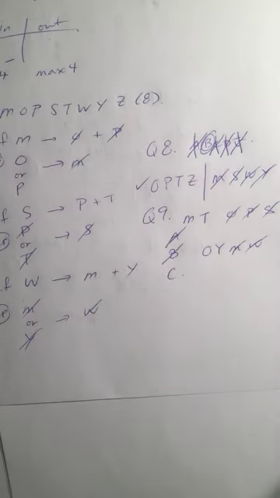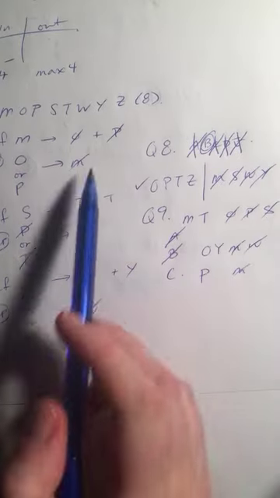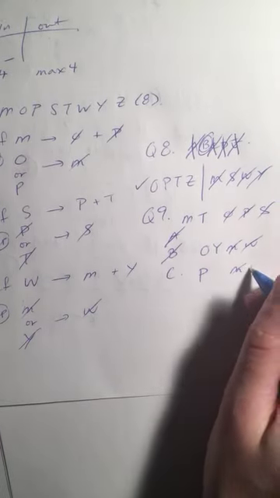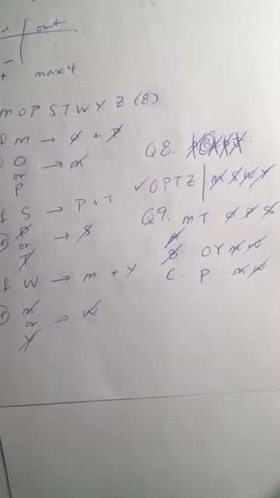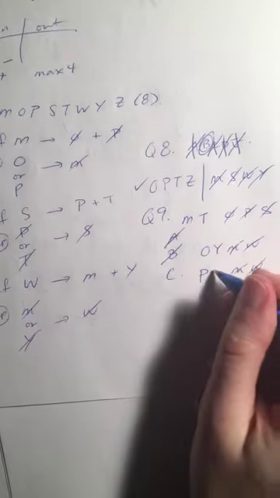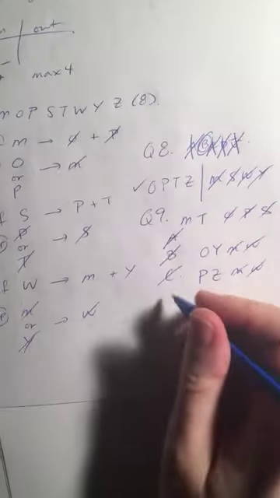C, P and Z being in. So P being in means M's out. If M's out, then W is out. Sorry, not Y, W. And Z being in doesn't trigger anything. Z is wild here. There are no rules about Z. So that's not going to cause problems.